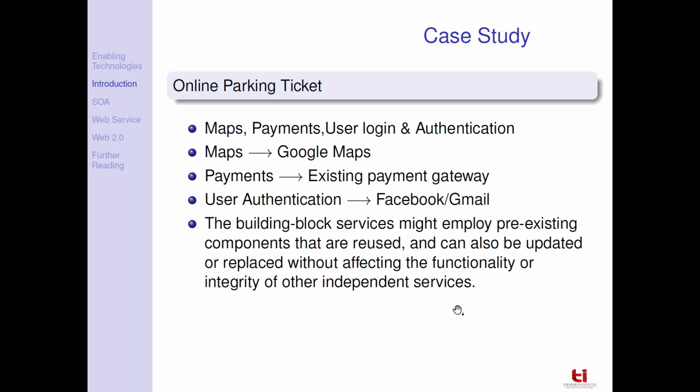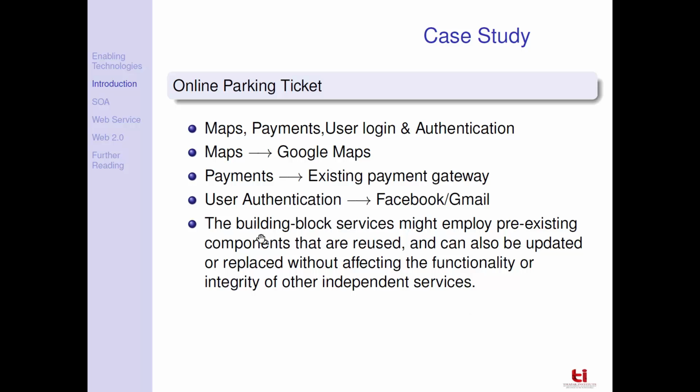So instead of building every functionality, every service, payment service, map service, login service on its own, what can be done is that the user just takes a service from Google Map, chains it to the payment gateway, chains it to the authentication available from Facebook or Gmail, and deliver the desired functionality or create a new service.